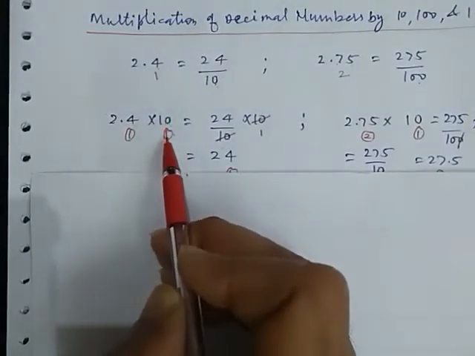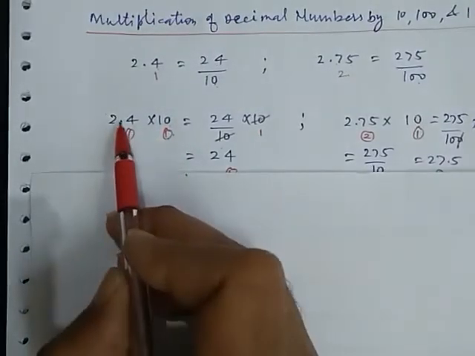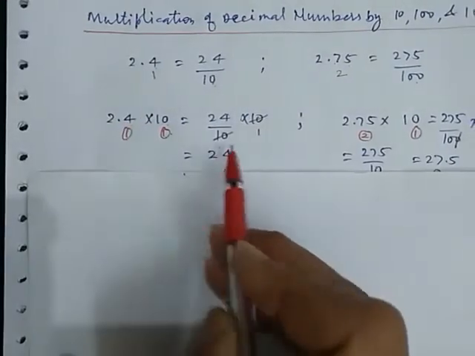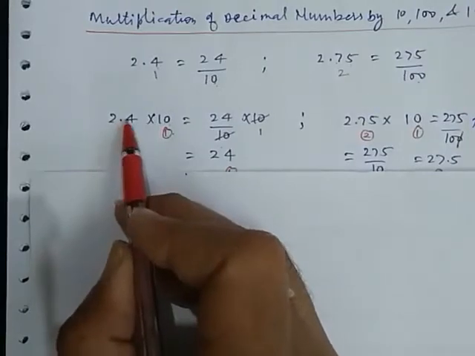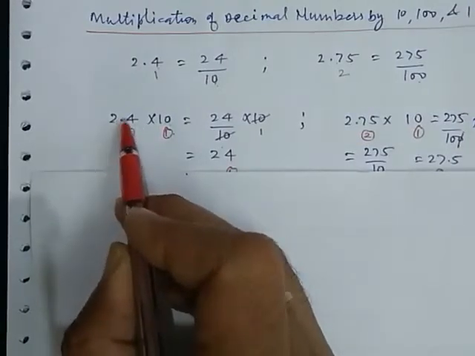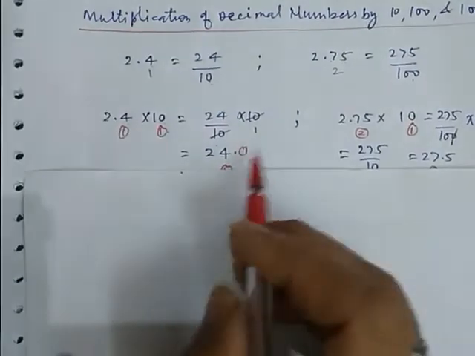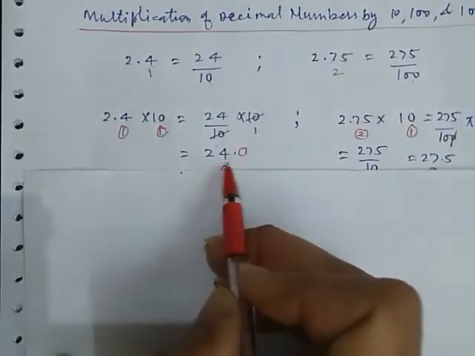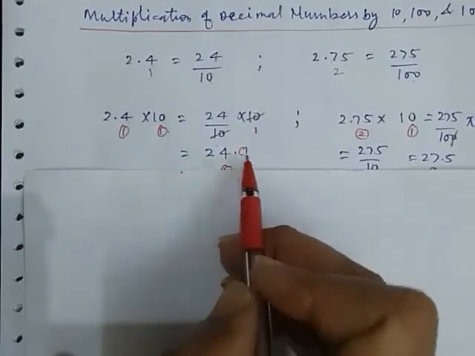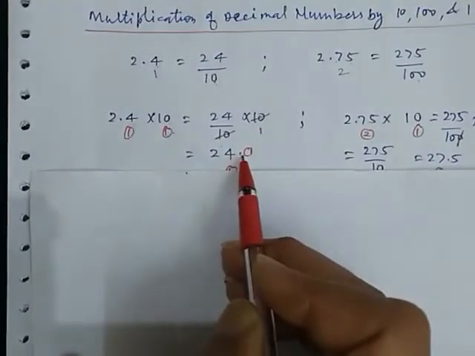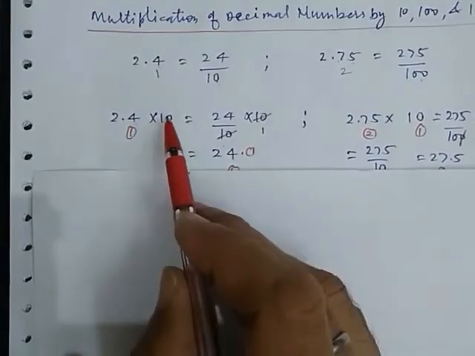Here this contains 10, so this decimal shifted toward the right by 1 digit. So when we shift 1 digit, this decimal is out of here. We can write this like this, 24.0. So we can feel that 1 digit is shifted toward right because 10 is there.